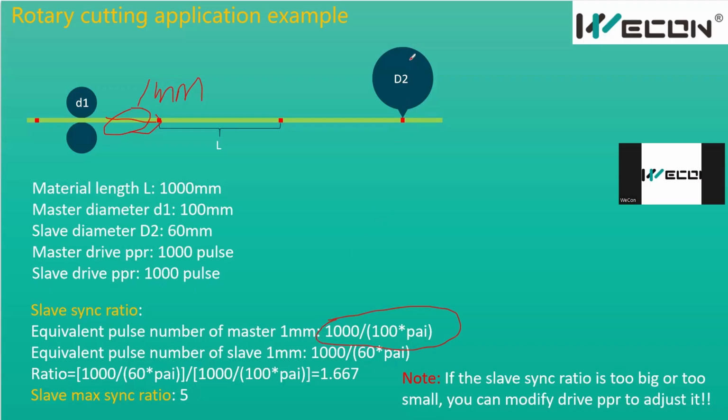And also for the slave, if we want to control the cutter to rotate 1 mm, then we need to send this pulse number to make it rotate 1 mm. So after we get these two parameters, for example this is parameter A and parameter B.